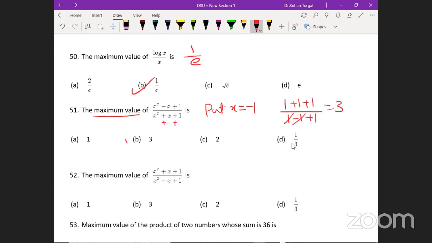Answer is 3. To get the maximum value, all the plus signs are in the numerator, right? It's better to go for root 1. The maximum value we get is for 1, right? So 3, option B.